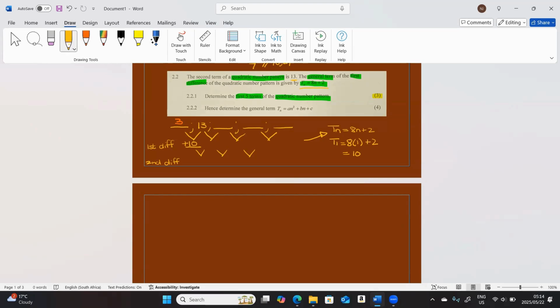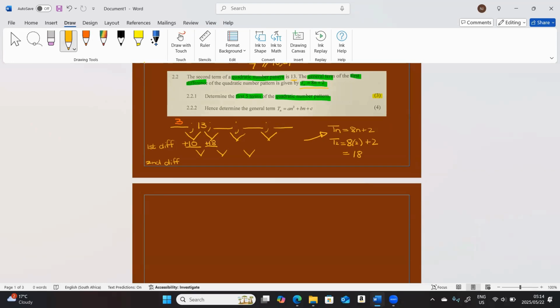Term 2, let's just erase. Okay, so term 2 will be 8 times 2, which is 16, and 16 plus 2 will give me 18. So there we have our second term of our linear pattern, which is going to be 18, so plus 18.